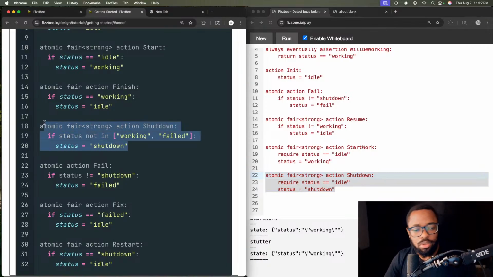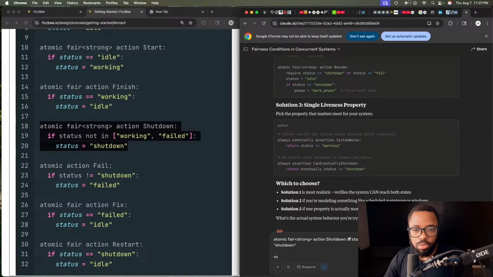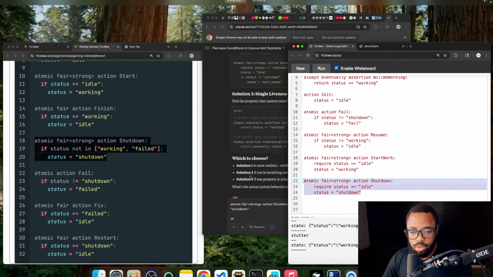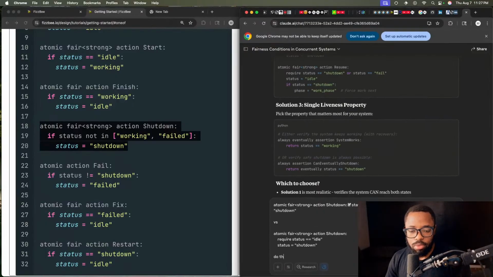Let me ask, just sanity check things here. Versus... do they not mean the same thing? Do that.